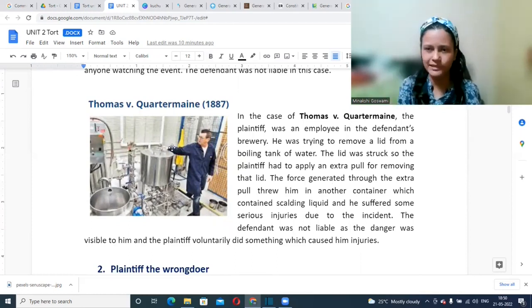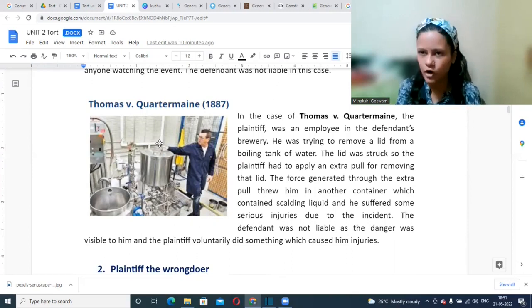He wanted to remove the lid, but the lid was not coming out, like it usually happens, right? When it's very hot, it's difficult to remove the lid. Same thing happened here. The employee knew that there was boiling hot water, but he still used enough force to open it, and he used so much force that it entirely came on him, and he suffered injury.